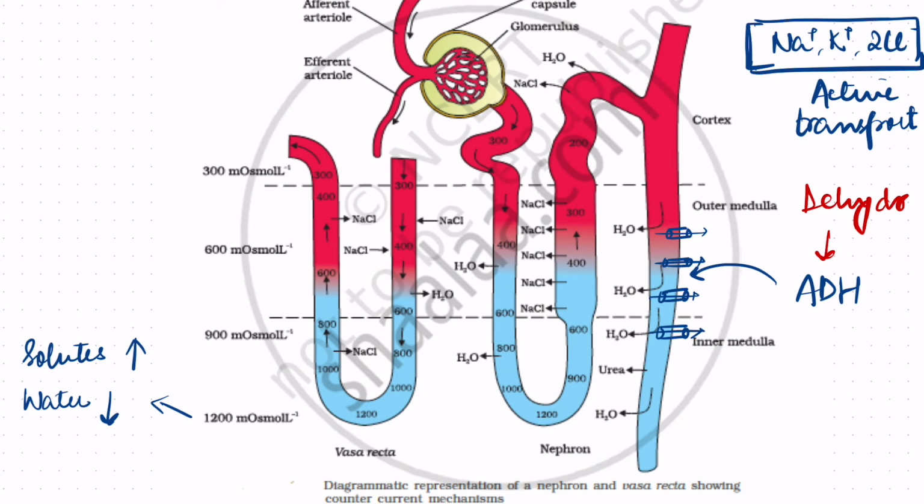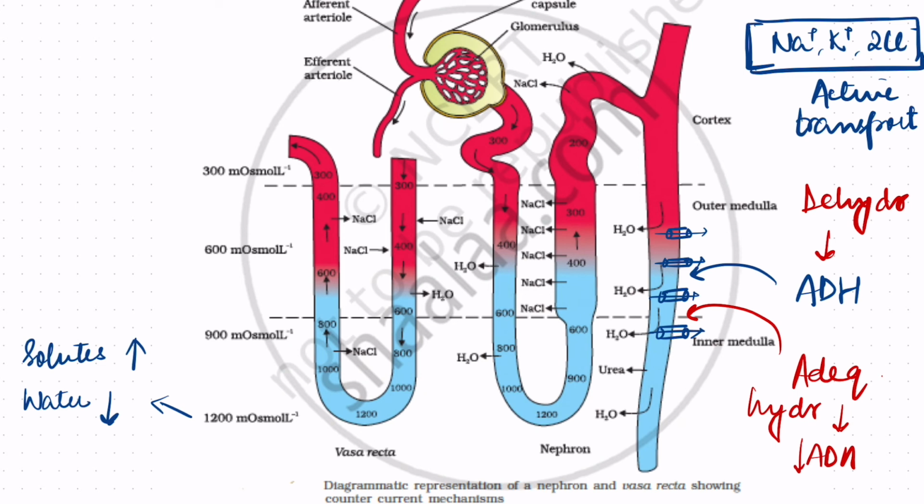Less water goes with the urine. The vice versa happens when a person is adequately hydrated. There will be less ADH, fewer aquaporins, less water reabsorption, more water will go out with the urine, and thus the hydration state of the person is maintained.